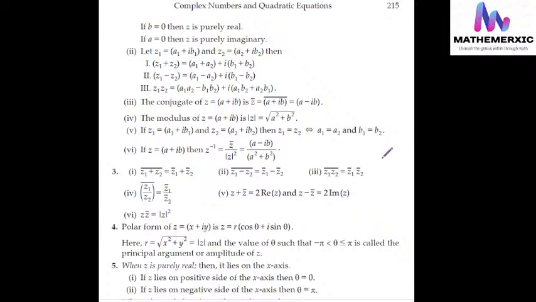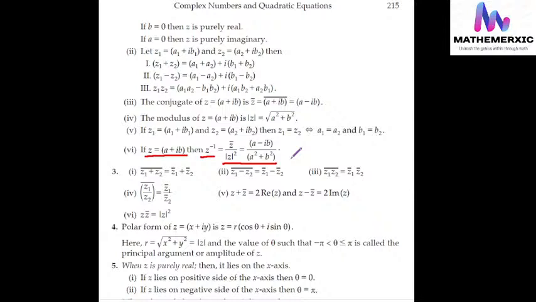So what is to be noted here is, if z is equal to a plus ib, then z inverse is z bar, that is the conjugate of z, upon modulus of z whole square, that is a square plus b square, and a minus ib in this form. And now it is distributive: conjugate of z1 plus z2 is conjugate of z1 plus conjugate of z2.